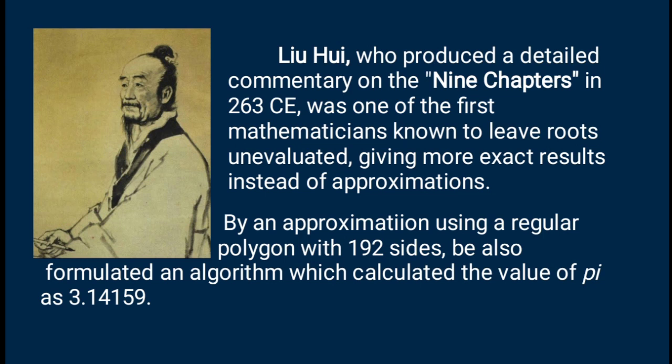By an approximation using a regular polygon with 192 sides, he also formulated an algorithm which calculated the value of pi as 3.14159, correct to 5 decimal places, as well as developing a very early form of both integral and differential calculus.